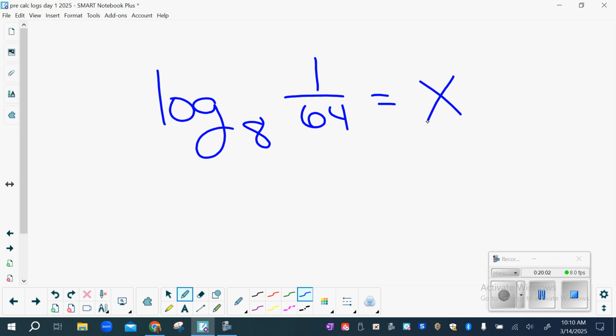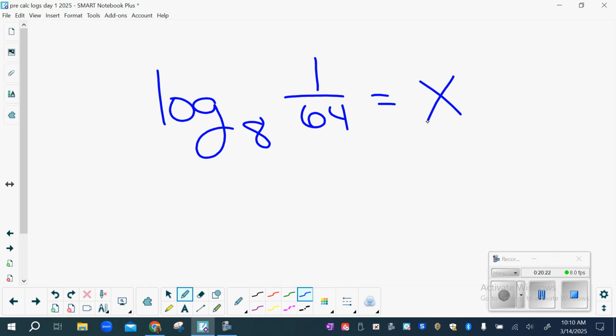Could you please try this problem? Just rewrite it in logarithmic form and think about what we did last night. I don't know how to do this one. Oh, yes, so make it 8 squared.